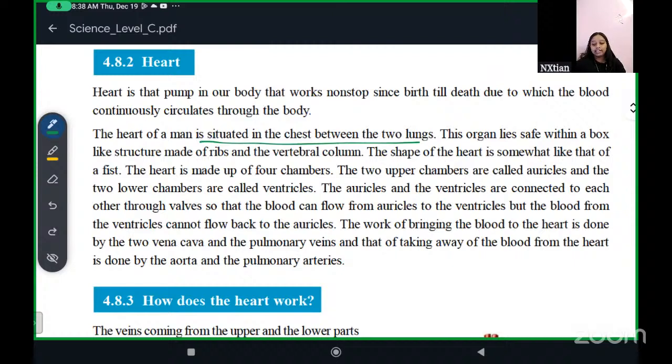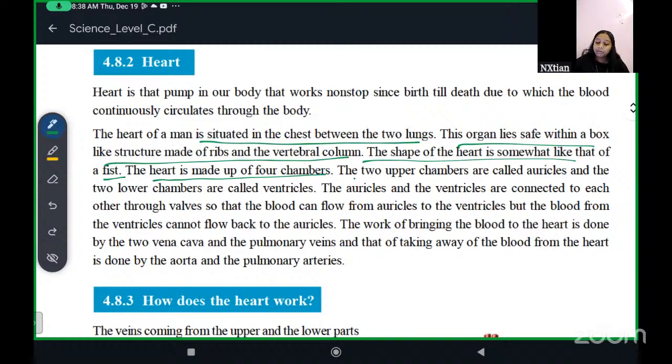This organ lies safe within a box-like structure of ribs and the vertebral column. The shape of the heart is somewhat like our fist. It is made up of 4 chambers.